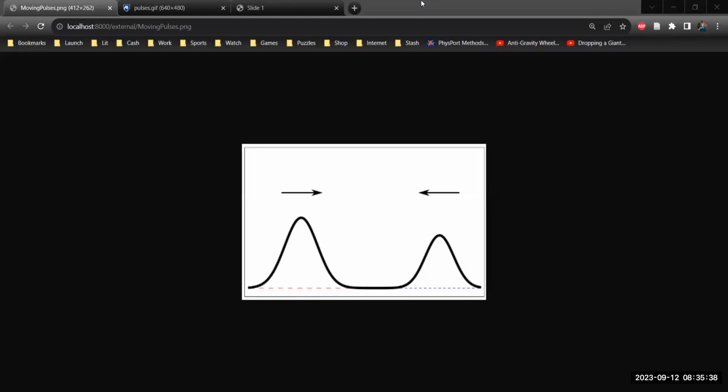Welcome, everyone. So you've been thinking about these two wave pulses, which are moving towards each other. You can see that they consist of a large pulse over on the left, which is indicated with the blue small dashes. And then we've also got a small pulse over on the right, which is indicated by the big red dashes.